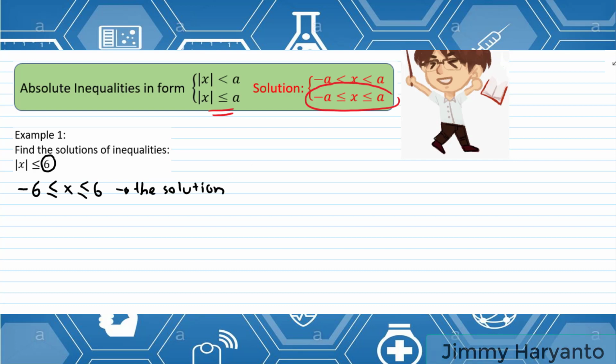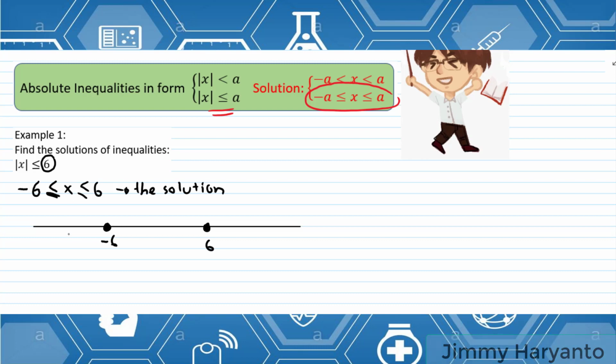If you are asked to draw the number line, you can draw the line and then put the negative 6 right here, then put the 6 right here. There are equal signs, so we have to color the dots, and then you have to remember the notation for the middle x.